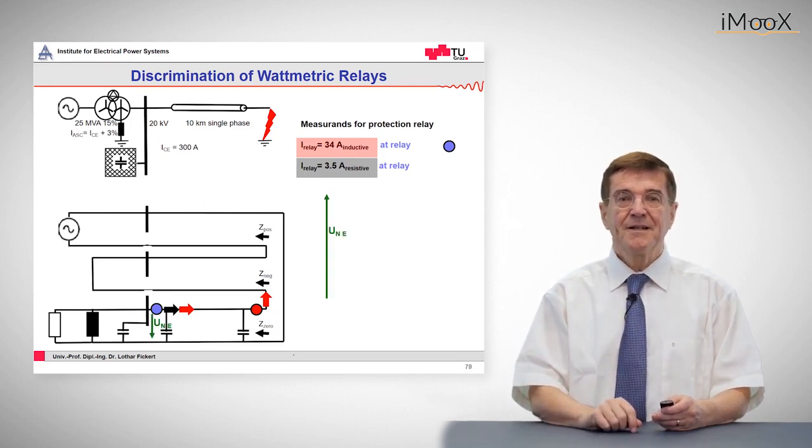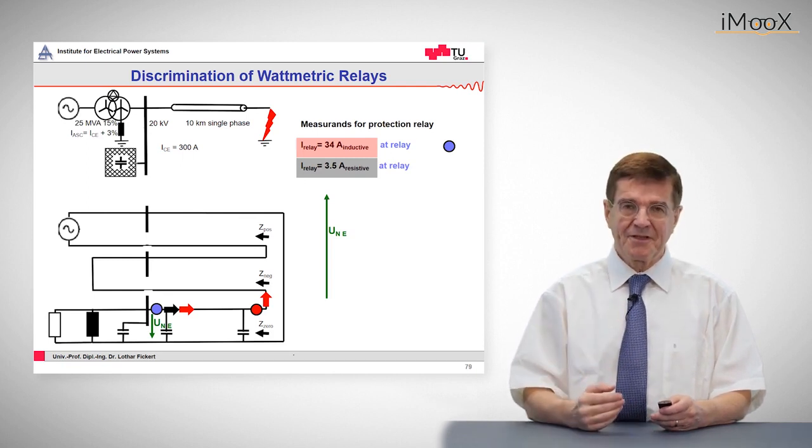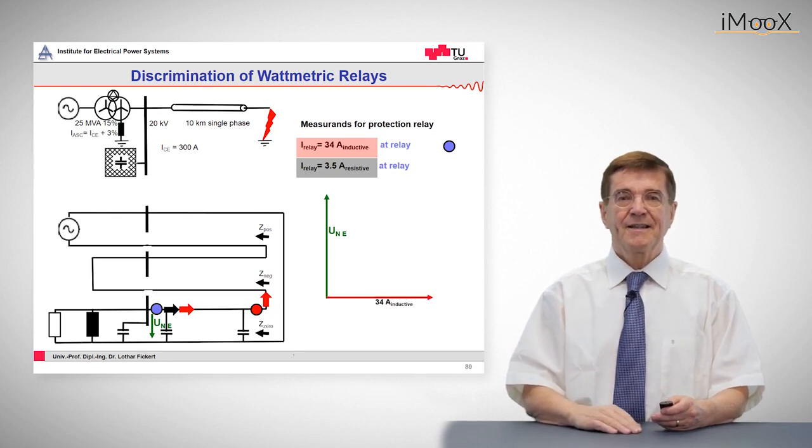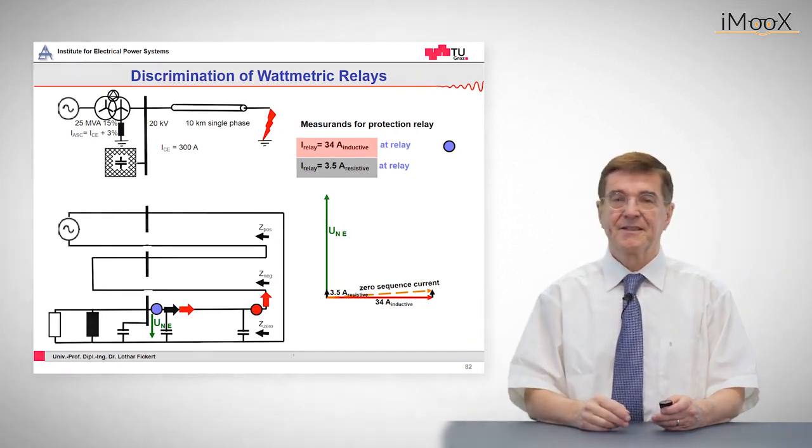So the relay will do the following. We measure the phase displacement voltage, the voltage between the system neutral and ground, and then we compare it to the phase angle of the resulting current, which is made up of the inductive current plus the resistive current, and that is altogether the zero sequence current.